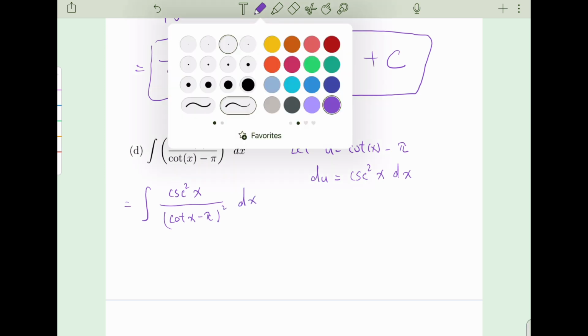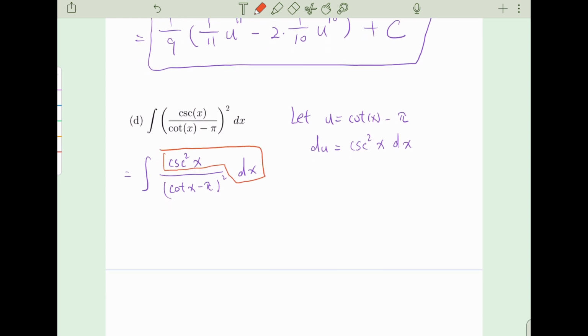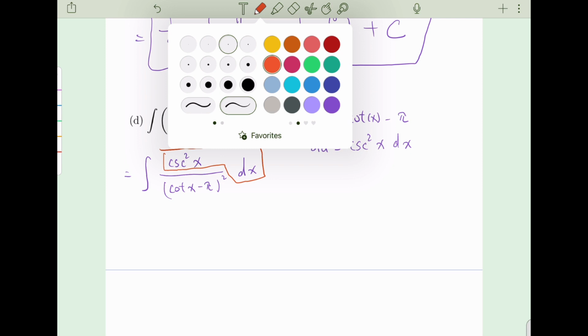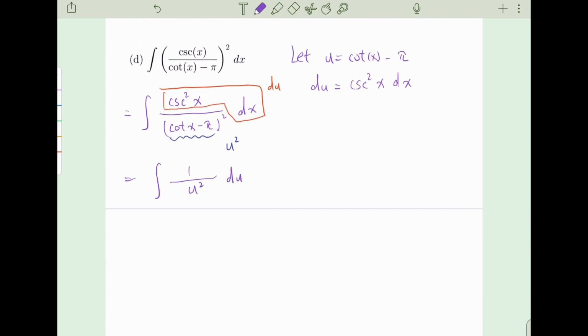Now we can replace this part with the du, right? And then the denominator can be written as u squared, okay? So now this becomes 1 over u squared du, which is a lot simpler.